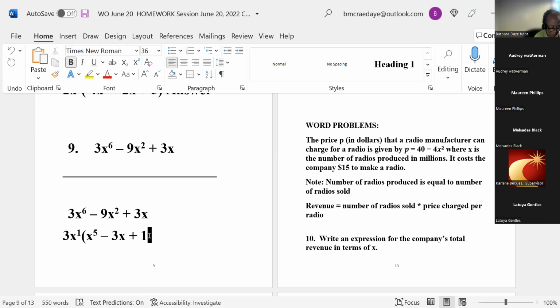I said 1 in the beginning. I didn't hear you say 1. Okay. So it would be 3x times 1, plus 1. 3x times 1 is 3x. And there's the term right there. It's because the 3x and 3x is just 1, and you have 1 up there already. Okay, that's your answer.